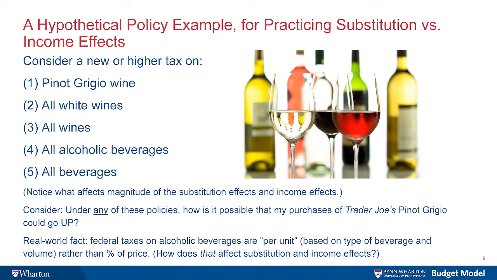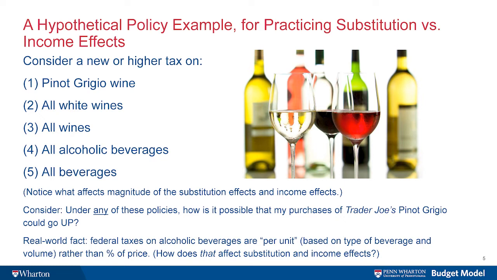So federal taxes, in other words, the tax that you'd pay on an expensive bottle of Pinot Grigio versus a cheap bottle of Pinot Grigio would actually be the same. And that implies that as a percent of price, it's actually a higher effective tax rate on cheaper beverages than on more expensive beverages.